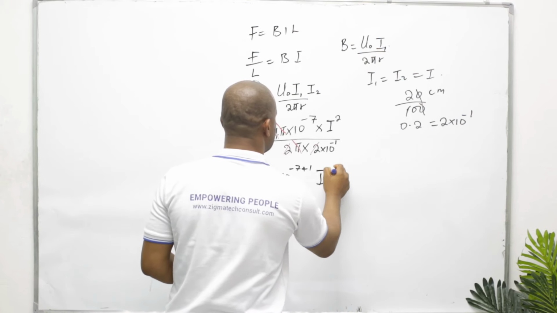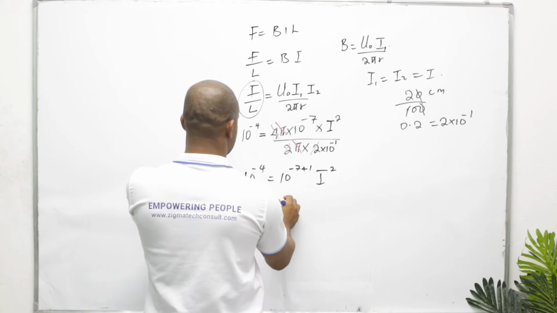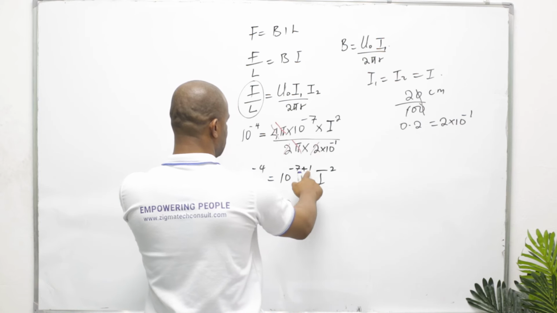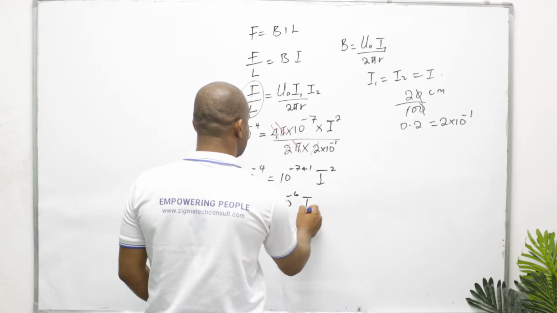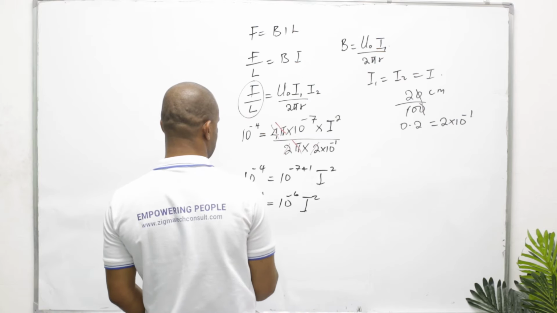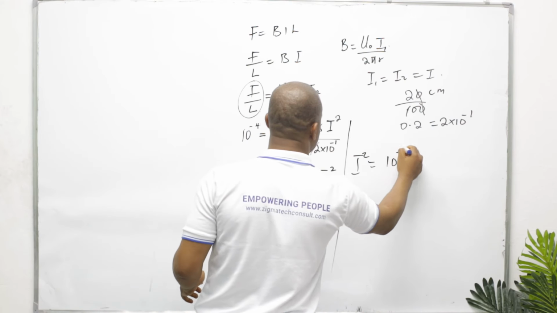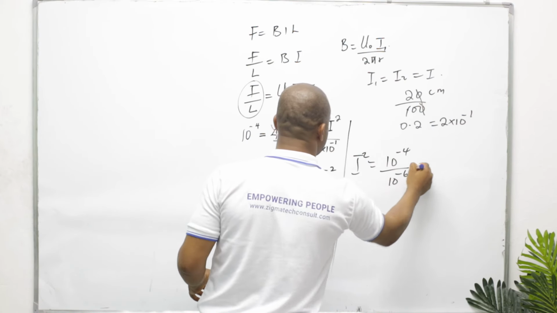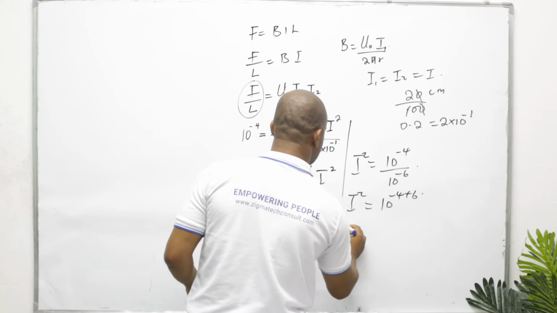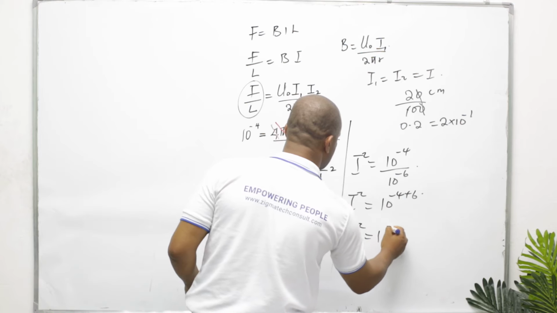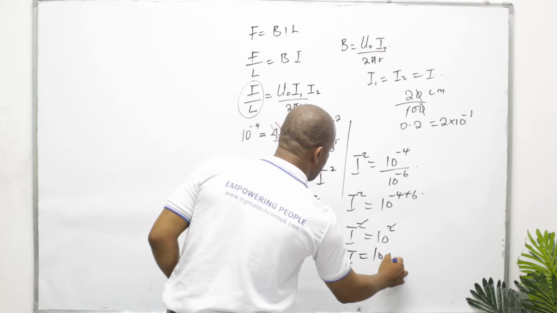So this is 10 raised to the power minus 4, which is equal to 10 raised to the power minus 6 I squared. Dividing both sides, I squared is equal to 10 raised to the power minus 4 divided by 10 raised to the power minus 6. So I squared is going to be 10 raised to the power minus 4 plus 6, which is 10 raised to the power 2. And the 2 cancels, so I is equal to 10 ampere.